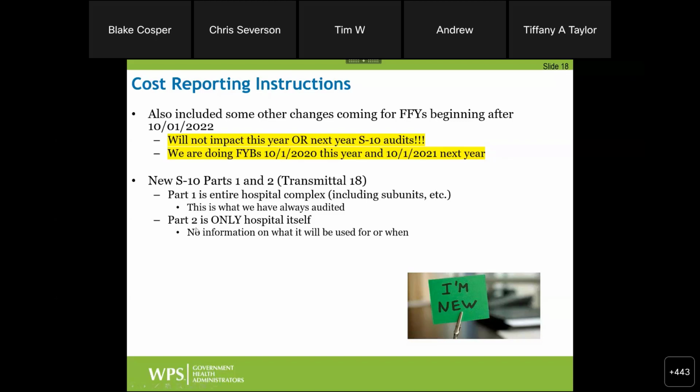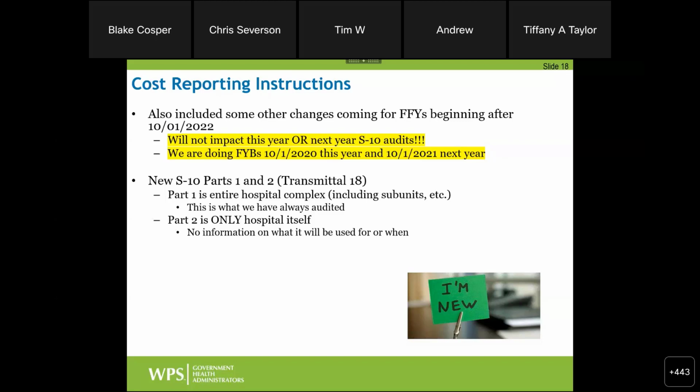There's a new Part 2 that is only the hospital. Same basic lines, but it's all of that data that only relates to the hospital. We don't know yet what CMS is planning to do with that. Maybe in the future, possibly that's going to be what they use for Factor 3.